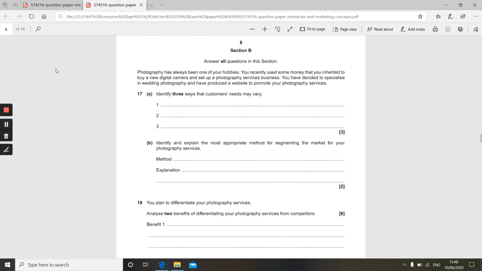So what would make customers different? What would affect how people buy things? So think about going way back to when we first started, what affects customers? What is going to be different? So is it price? Are some people willing to pay more than others? Are some people willing to buy more than others? So quantity. Are some people willing to buy better quality things?